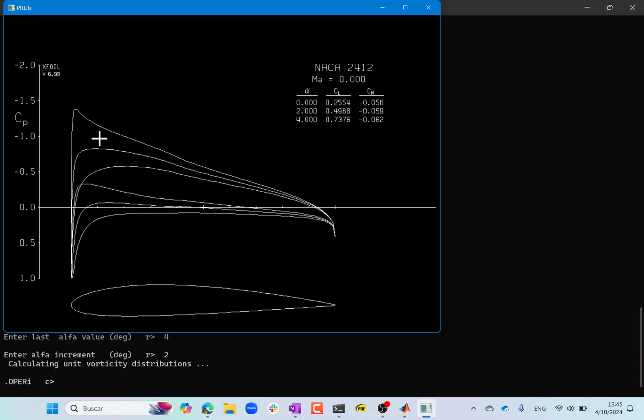Is it all clear? How do you know if you succeed? Right, just look at the combination of CM and CL, right? So that's the equation that tells you where the center of lift is.